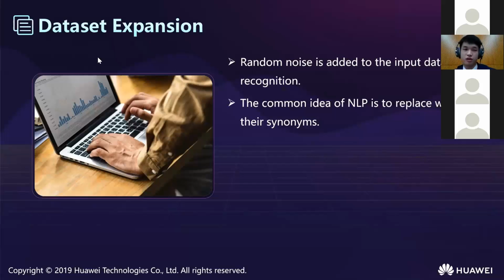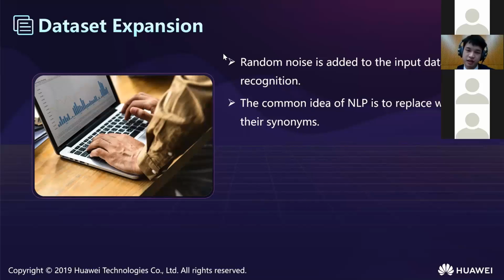And the second measure is that we need more data sets. So how can we get more data sets? We can add some noise to the input data, just like the voice, or we can use other words which have a similar meaning and replace the original words, and we can get more data sets.